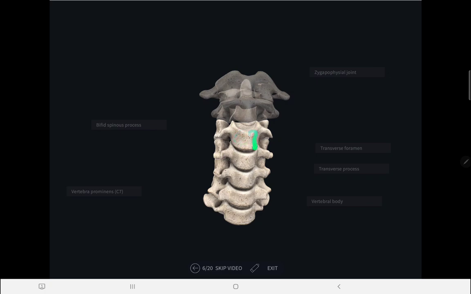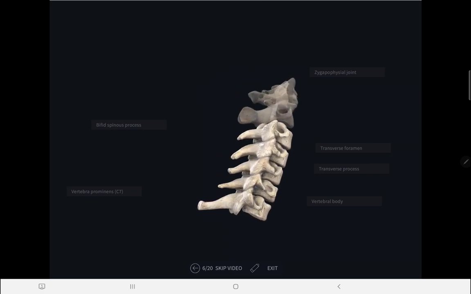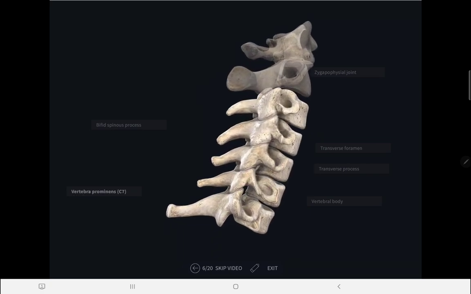C3, C4, C5 and C6 are deemed to be typical cervical vertebrae, whilst C7, or the vertebra prominens, is deemed to be atypical along with the atlas and the axis.